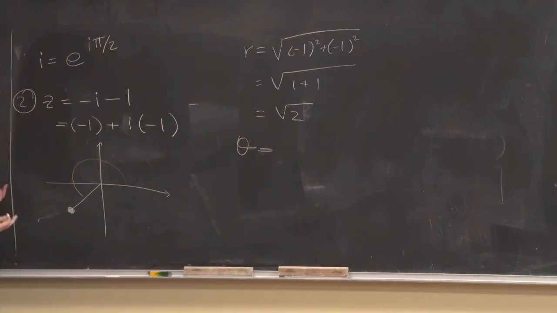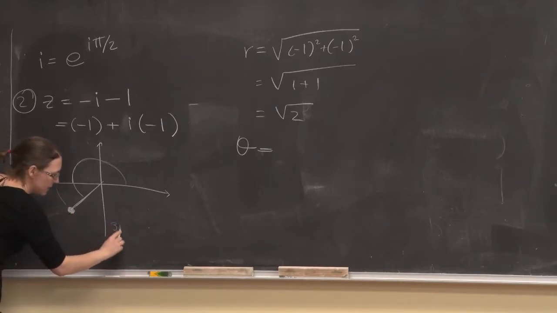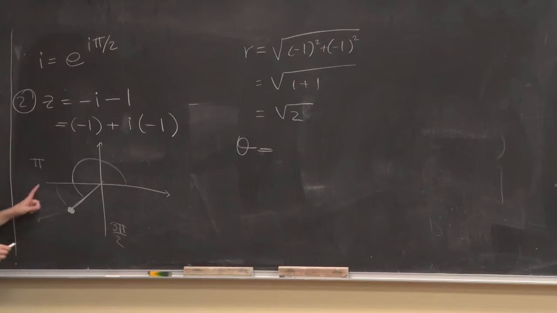And there's many ways you can think about it. But what I like to think is that this is halfway between this and that. So if I go this much, that's pi. And then halfway between pi and 3 pi over 2 is another pi over 4. So this little bit is a pi over 4, so this is going to be pi plus pi over 4.